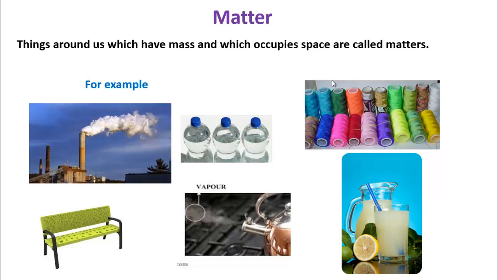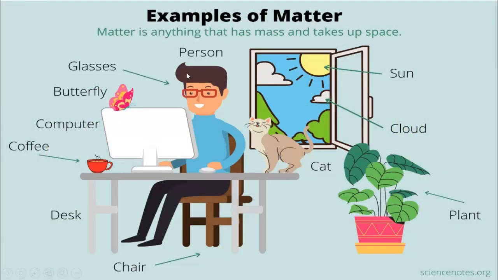And also you have to observe here, matters are not always solid substances. There can be liquid substances and also gaseous substances. More clearly we can say, follow here, this is a scene of our daily life, isn't it?